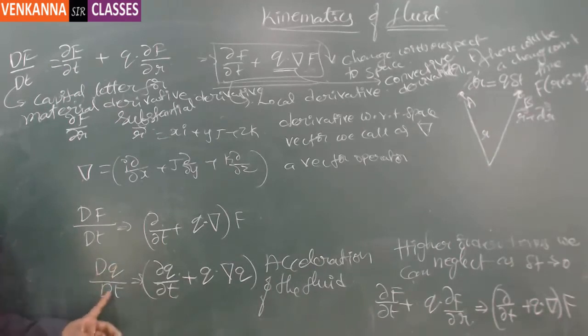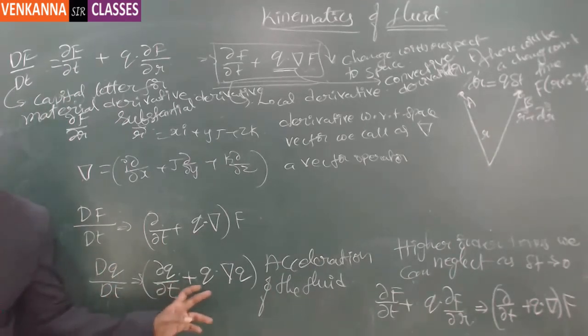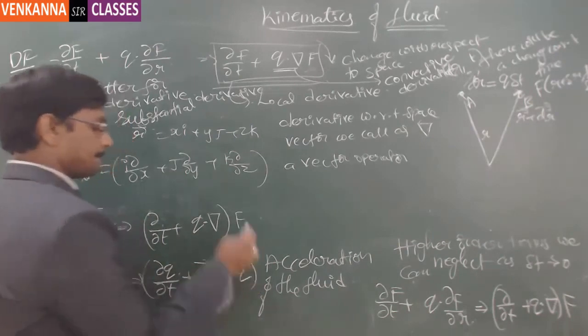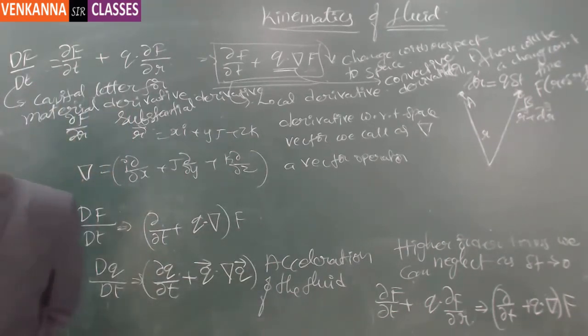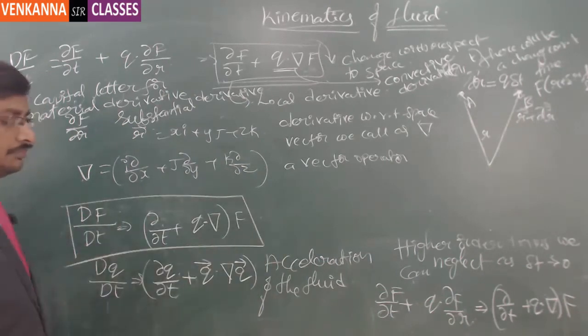If you take the time derivative of the velocity vector, this is happening both because of the time and the space. That's why dq by dt equals dou q by dou t plus q dot del q. Understood? Any questions on this? This is the thing that you need to remember. Note it down.